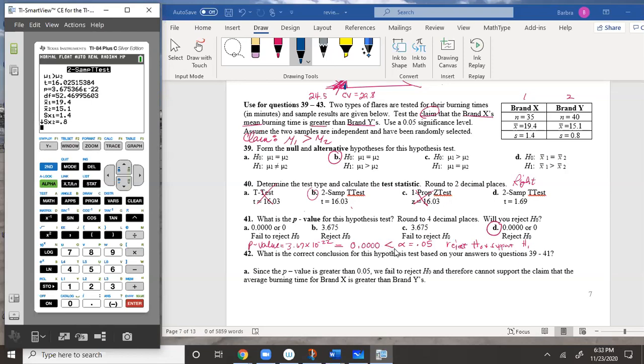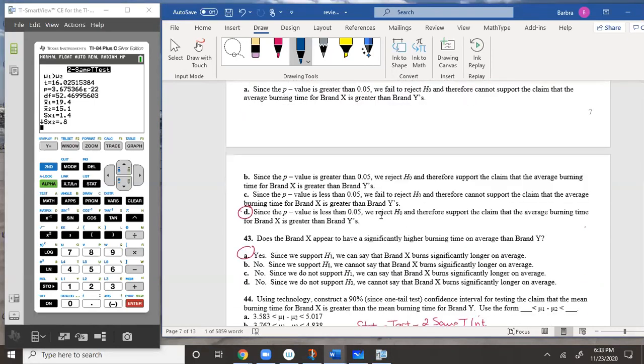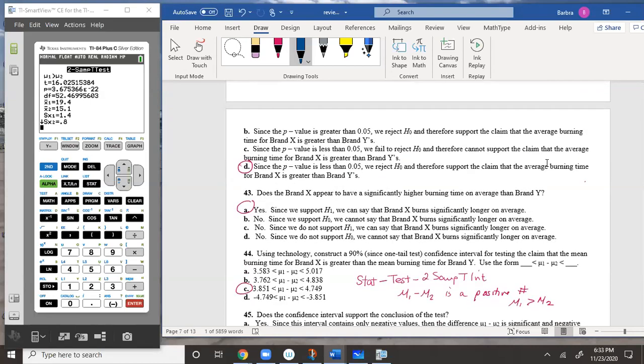And that's less than alpha, which in this problem is 0.05. So we know to reject the null. So the p-value is 0, where we reject the null. So the correct answer for 41 is D. And in 42, the conclusion is since the p-value is less than 0.05, we reject the null and support the claim. So D is the correct answer.